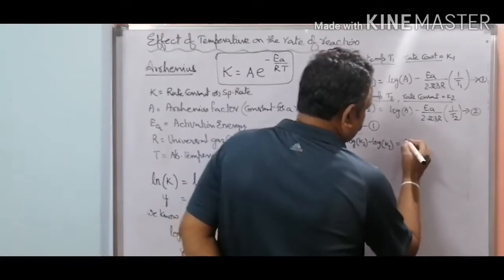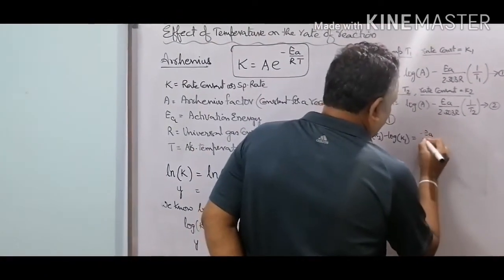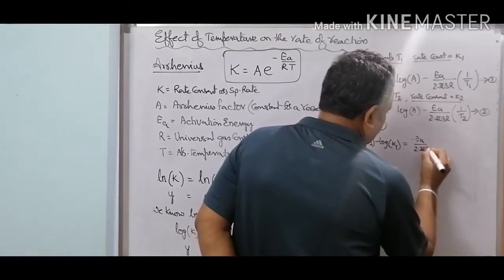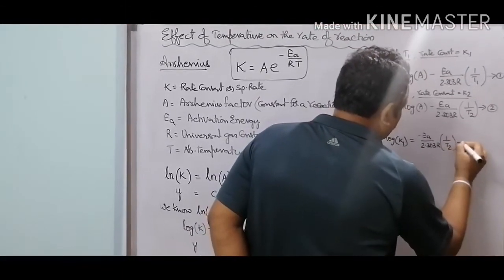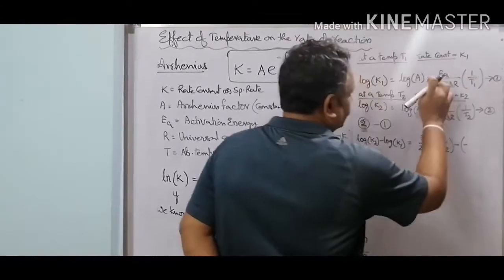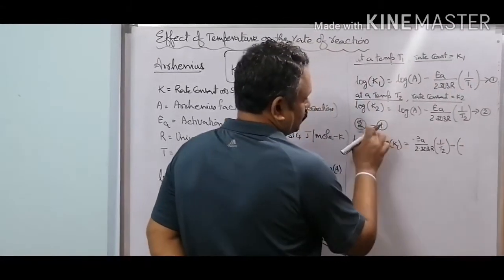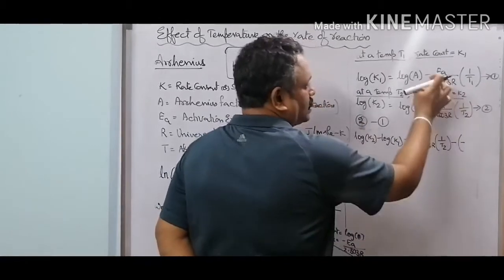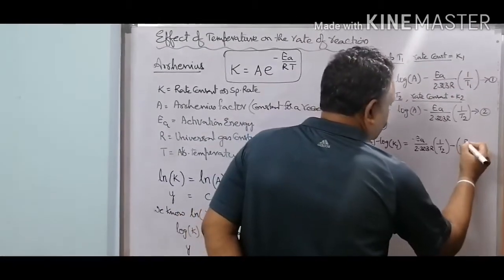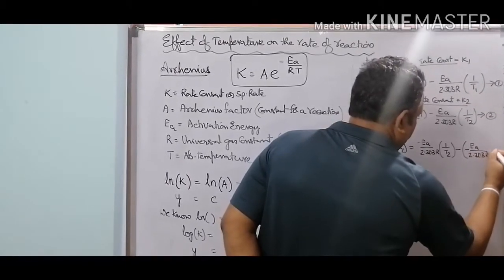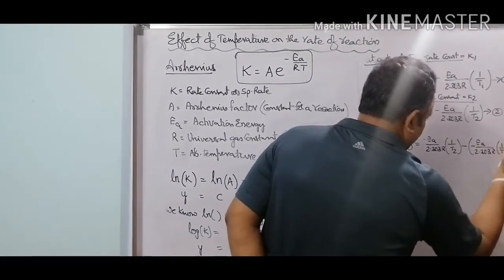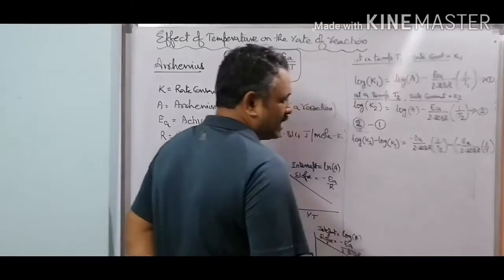Then it was minus of EA by 2.303 R into 1 by T2 minus of minus, because I subtracted, this minus is for this subtraction and this minus is of the equation 1, EA by 2.303 R into of 1 by T1. So minus of minus becomes plus.